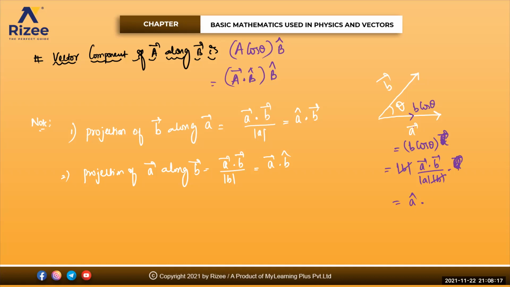Because projection of B bar on A bar is B cos theta only. So this will be equal to B bar. Clear? Projection of B bar on A bar means B cos theta.